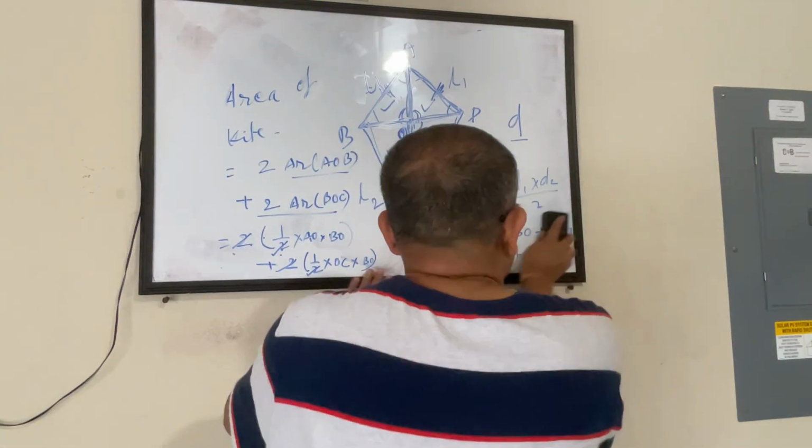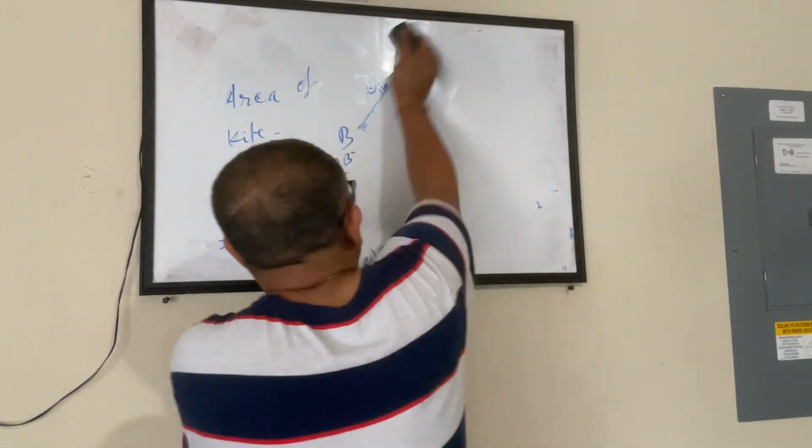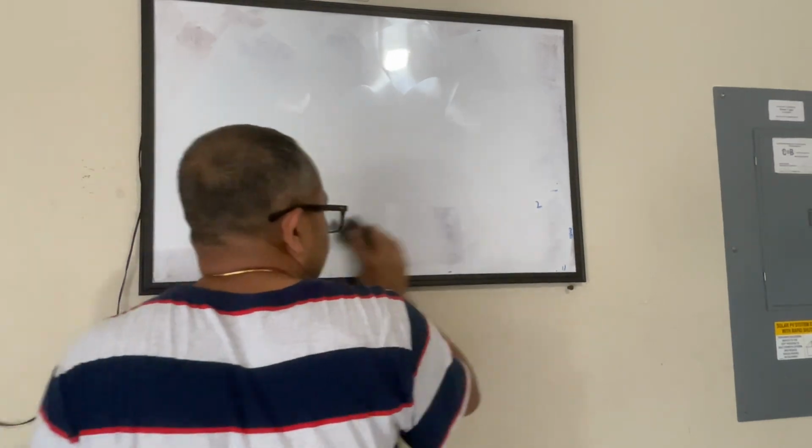So we learned about the area of rhombus. We learned how to find out the area of parallelogram in the previous classes. We learned how to find out the area of rectangle and square also in the previous classes.